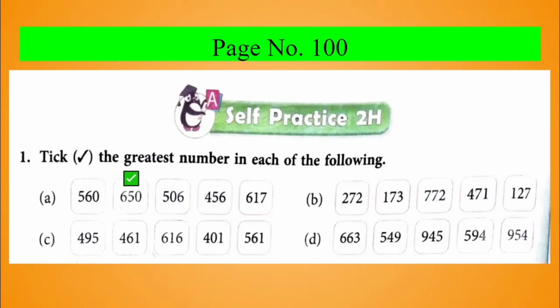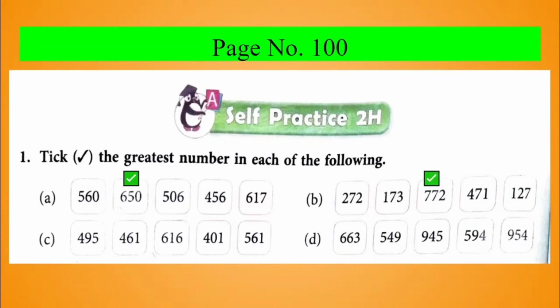Now let us do the B part. Here the numbers are 272, 173, 772, 471 and 127. In these numbers we have to take the greatest number. So which is the greatest number among all these numbers?